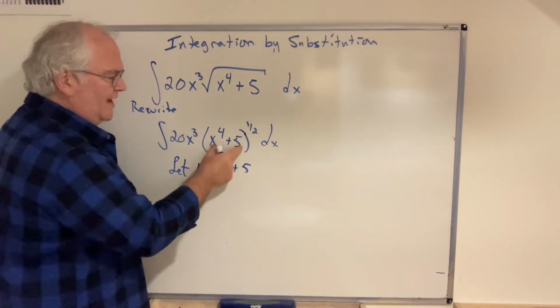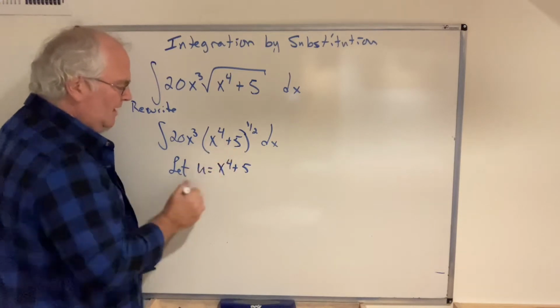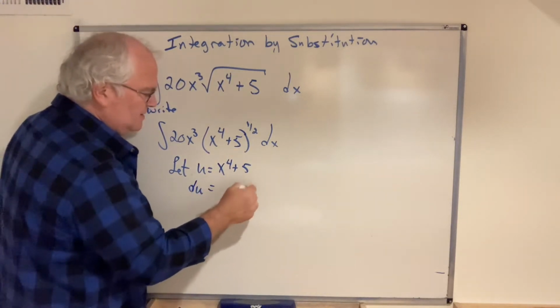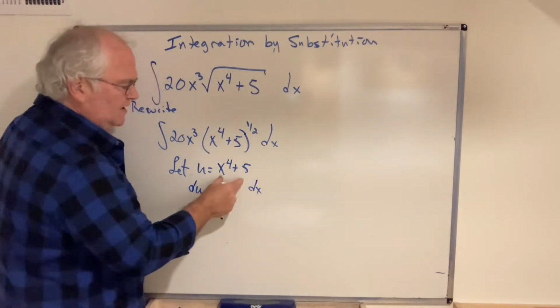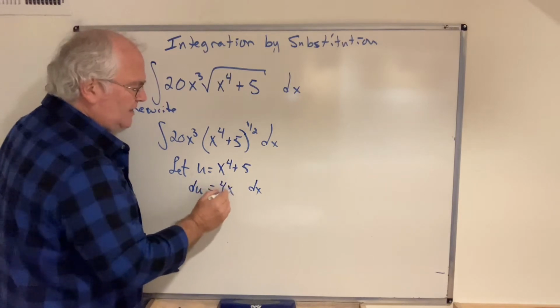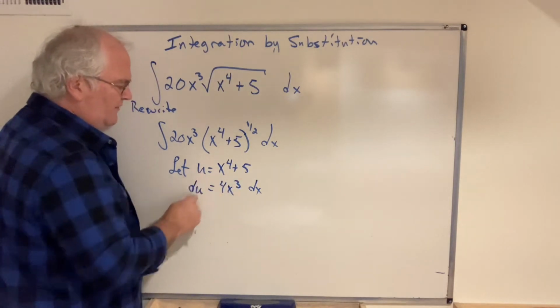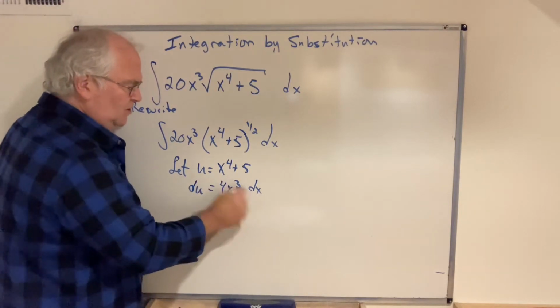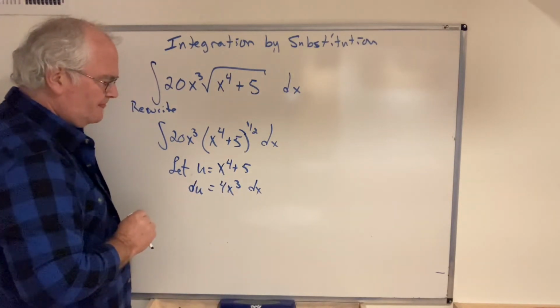So let u equal the inner argument. Now we need to find the derivative: du is equal to something times dx. But what is the derivative over here? Well, the derivative here is 4x to the third. So du is 4x to the third, which is the derivative with respect to x, times dx.